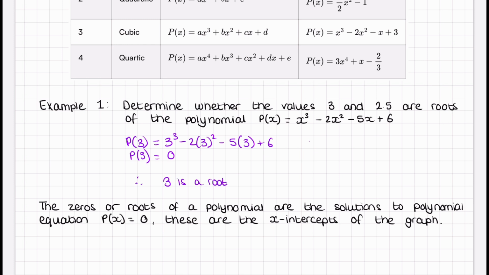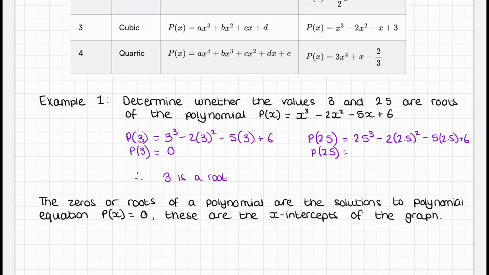Now when we look at 2.5, we're going to do 2.5 cubed minus 2 times 2.5 squared minus 5 times 2.5 plus 6. When we do this, we get an answer of negative 3.375. Because it doesn't equal 0, 2.5 is not a root of the equation.